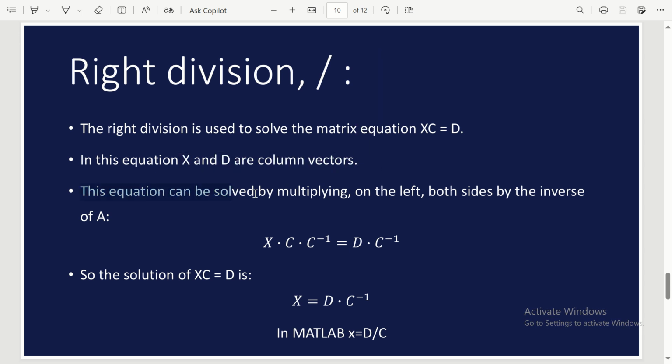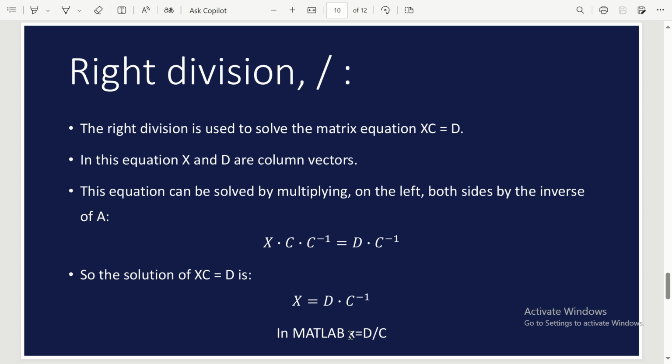This equation can be solved by multiplying on the right on both sides by the inverse of C. So the solution of X into C = D is X = D into C inverse.